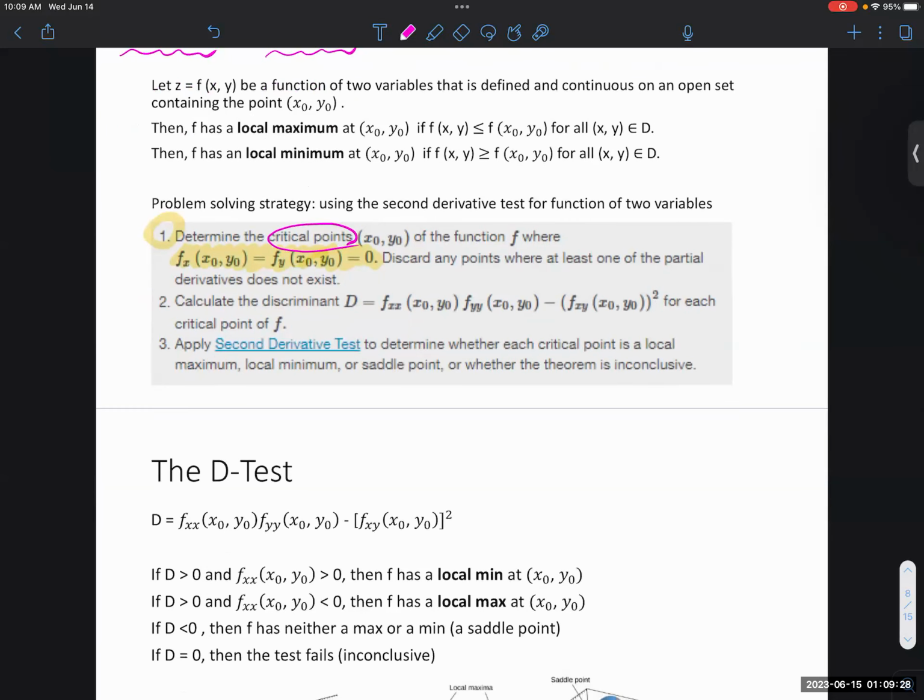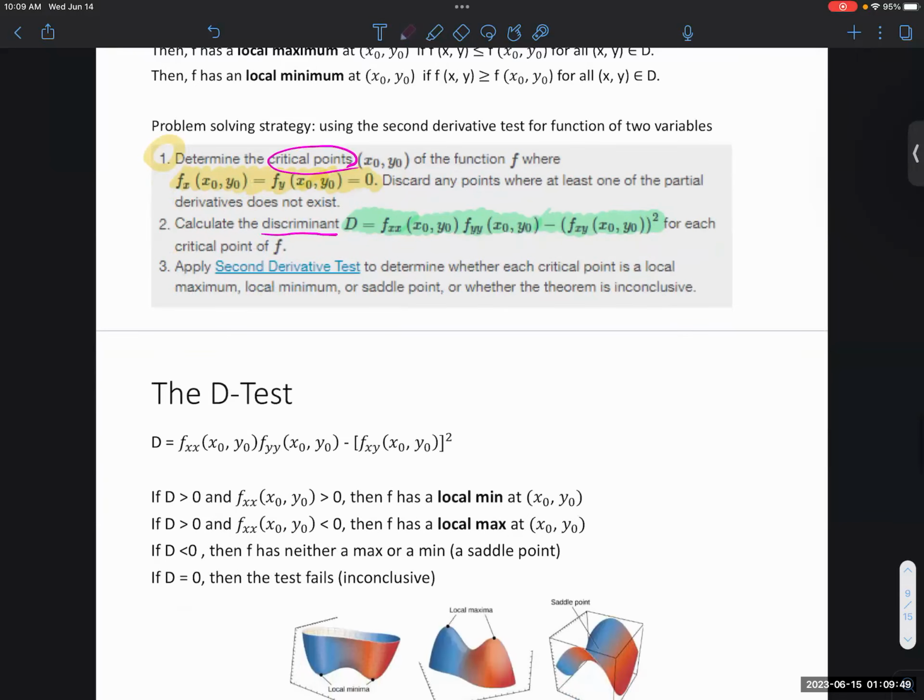Now, you're going to find the discriminant. So this is another second function. You're going to find the D value: find the double partial derivative with respect to x and y, and subtract the xy partial derivative to the second power. I know it sounds a little bit long.